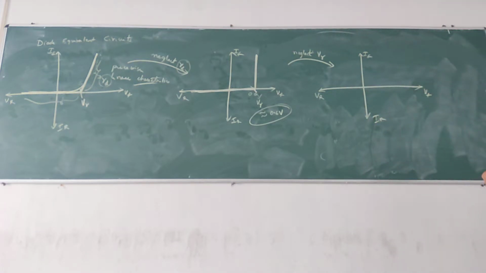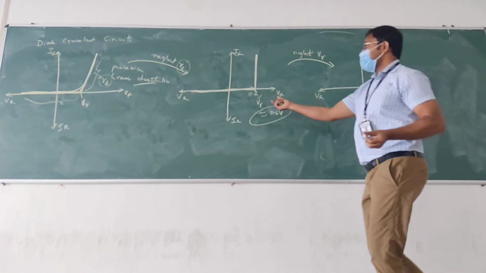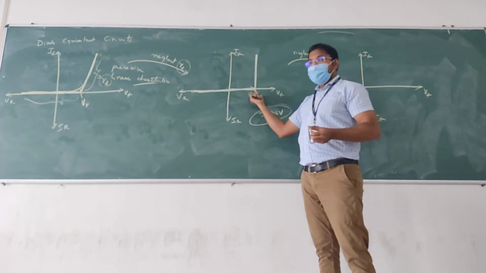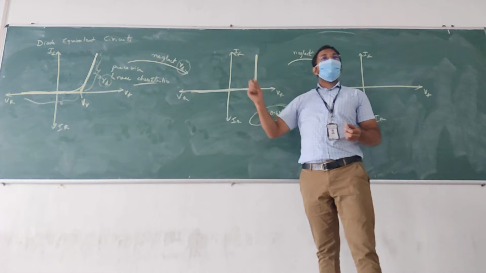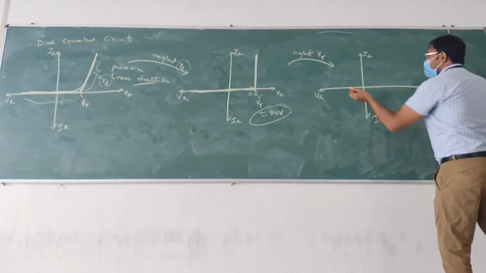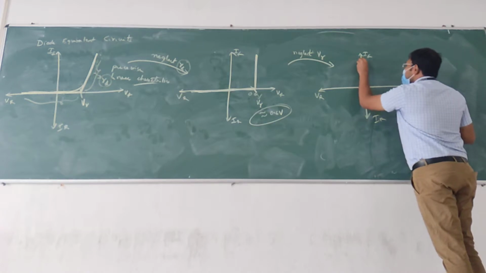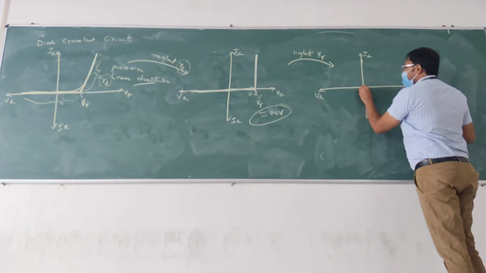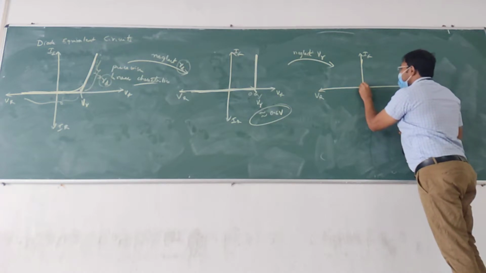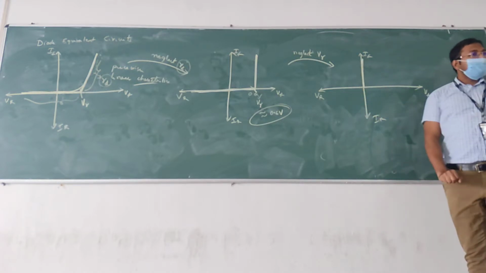Because it is at 0.6, we are getting a line here. If it was 0, it will go along the y-axis. Clear? So if we neglect V gamma, the characteristics will be, if you move in forward direction, this is how.